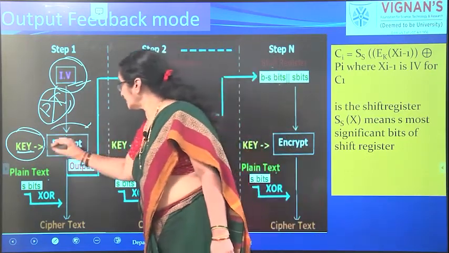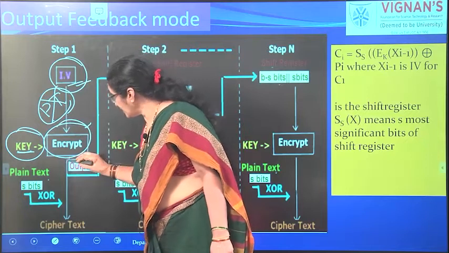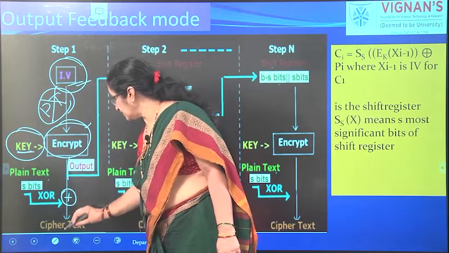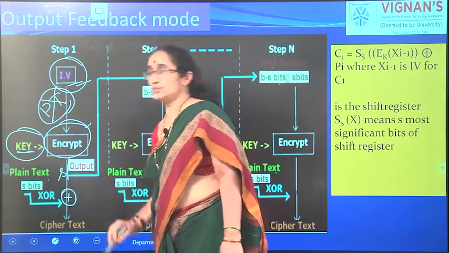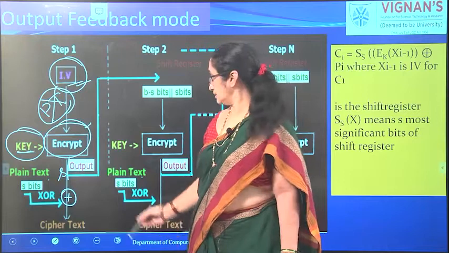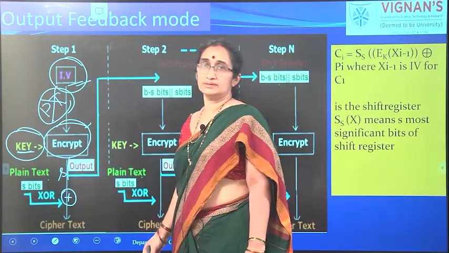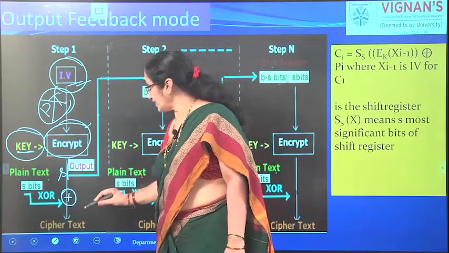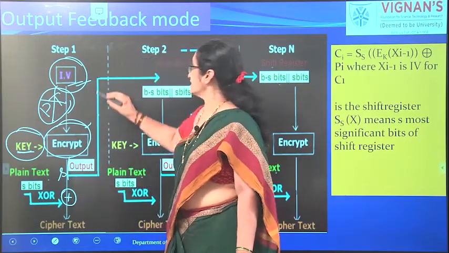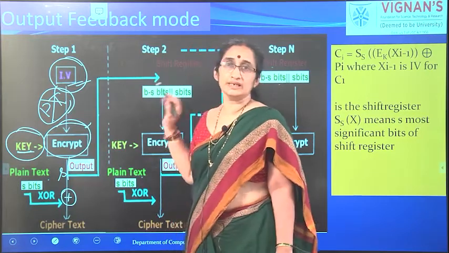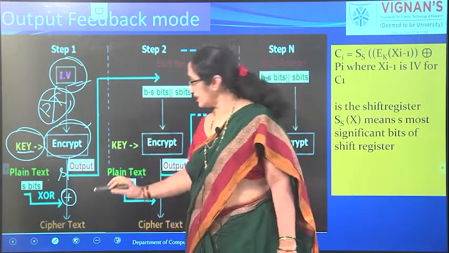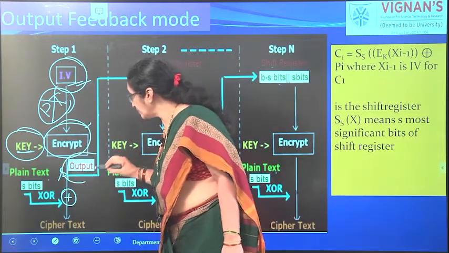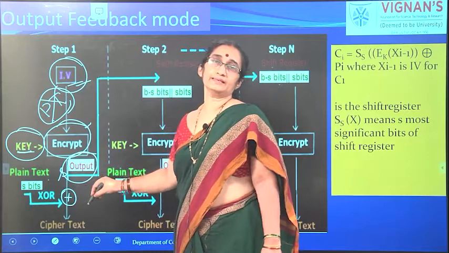You perform the encryption process and get the output. Actually we are XORing the output to get the cipher text. You take the most significant bits and XOR them with the plain text to get the cipher text. But there we send this cipher text to the shift register, whereas here we do not send the cipher text, we send only the output, that is, the S bits before XORing.